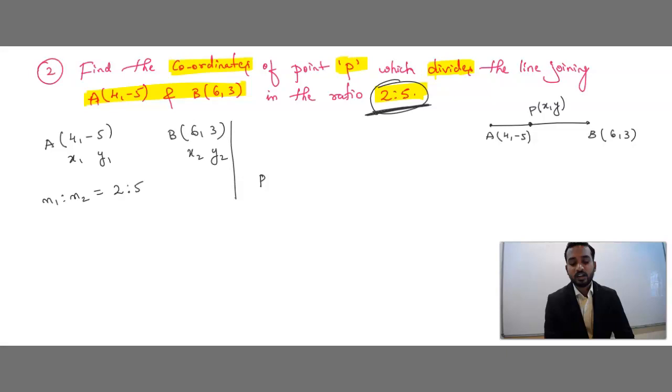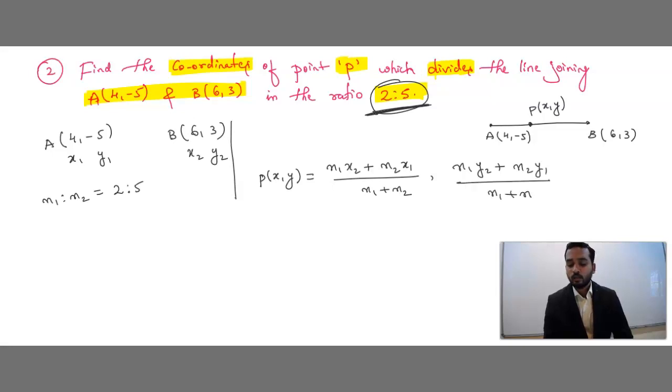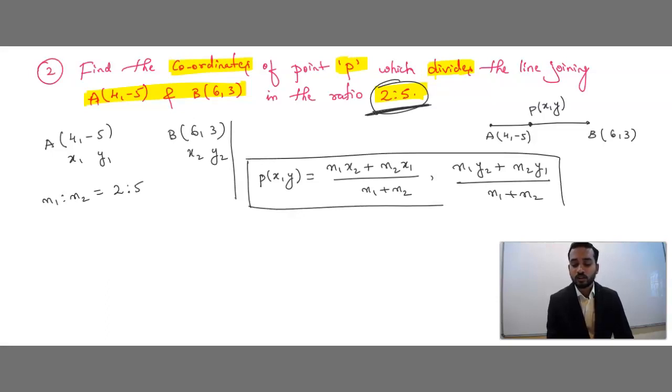So what is the section formula? P of x, y is equal to (m1 x2 + m2 x1) divided by (m1 + m2), comma, (m1 y2 + m2 y1) divided by (m1 + m2). This is the section formula.